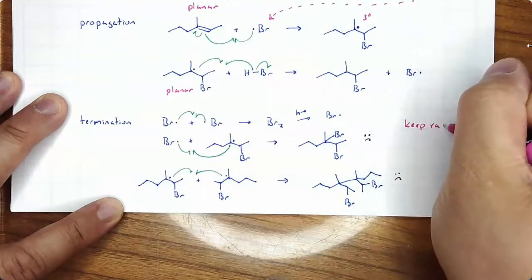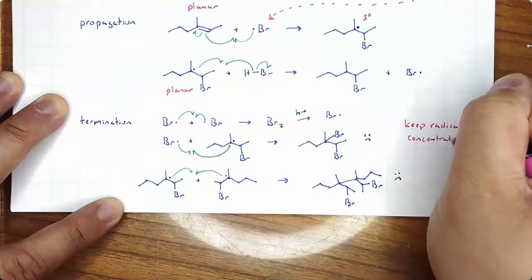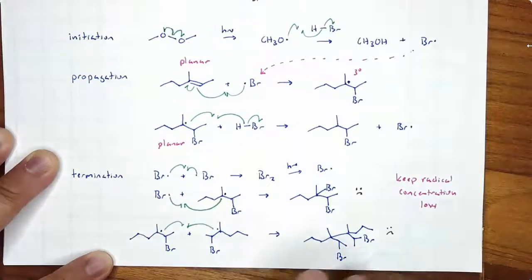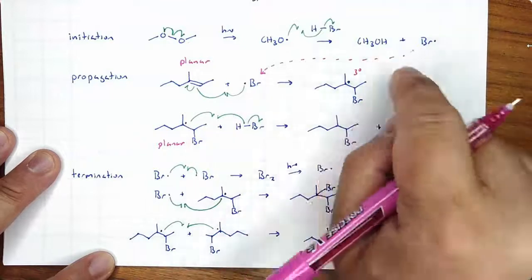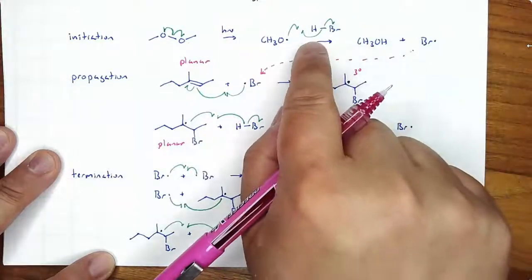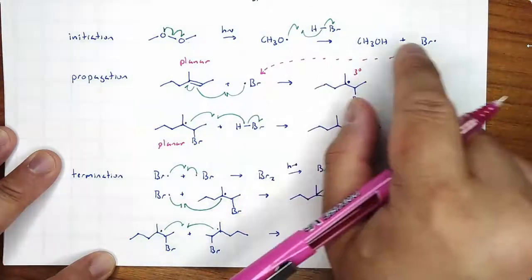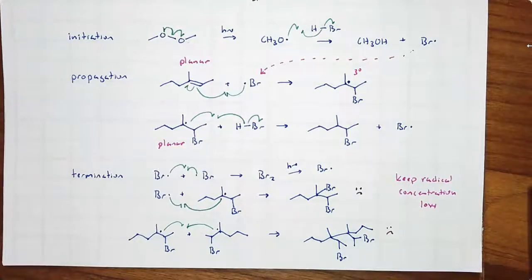How do you do that? By not initiating, by not converting all of the HBr into Br radical. I keep saying Br minus. Br radical. Okay, that's it for this reaction.